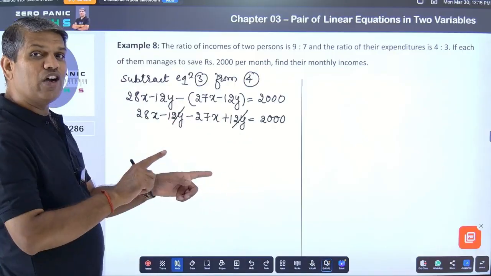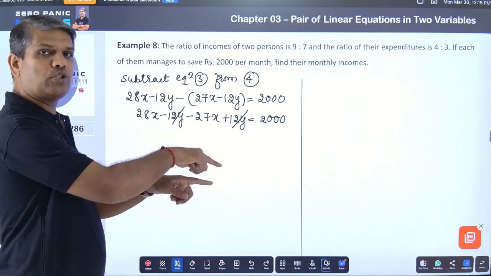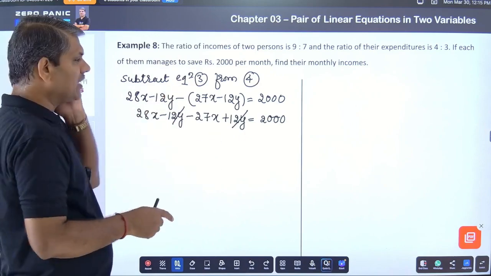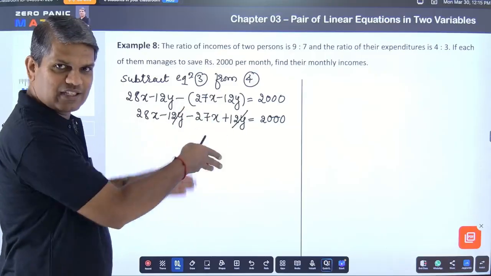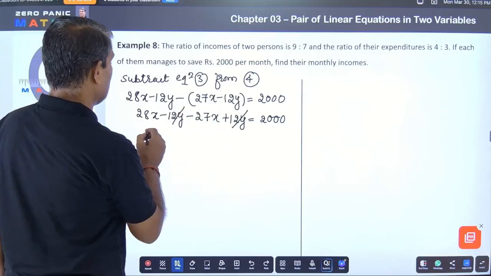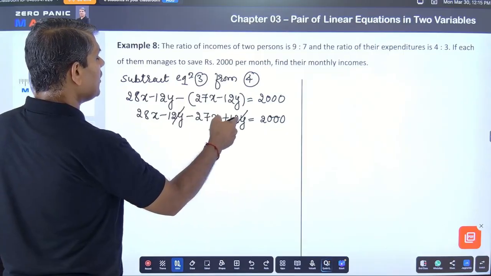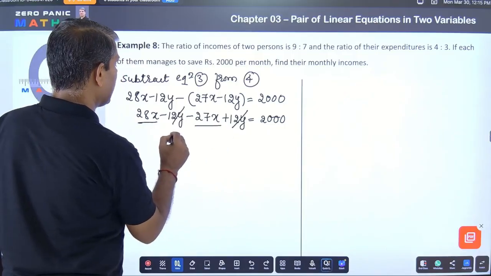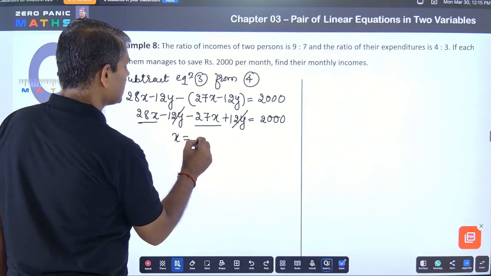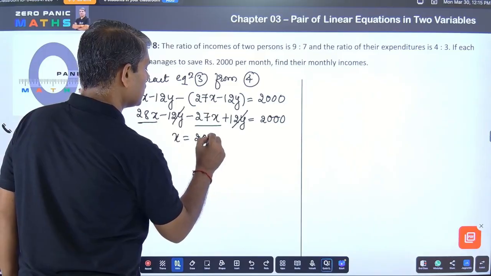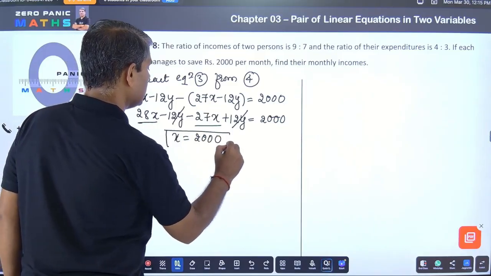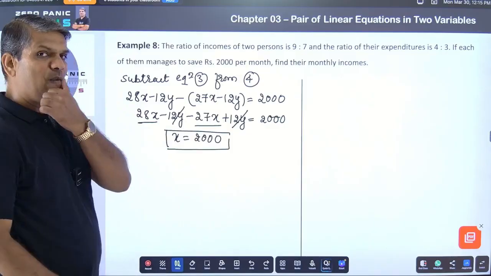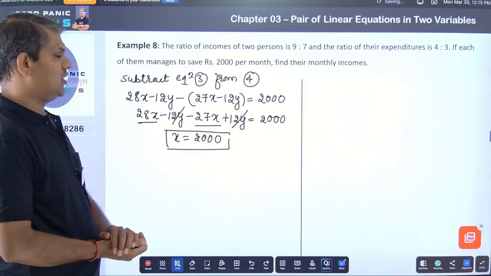This is how we are performing step 2 of the elimination method, that we are eliminating it. This is what is called eliminating. So after eliminating y, what we got is 28x minus 27x, that is 1x is equal to 2000, right? We got the value of x as 2000.